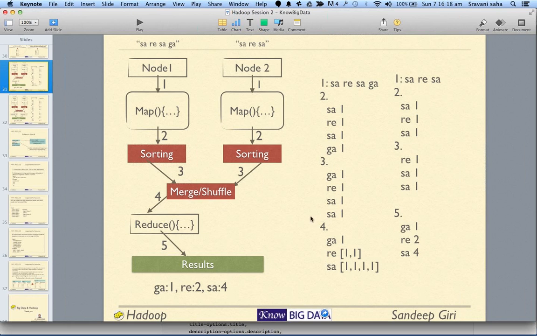Now, at the fourth stage here, it is merged, as in this list is merged as well as grouped. Here, if you see, ga is only once, and whatever values are there, they are aggregated. This square bracket with comma separated values represents an array of values, and the value here is only 1 every time.